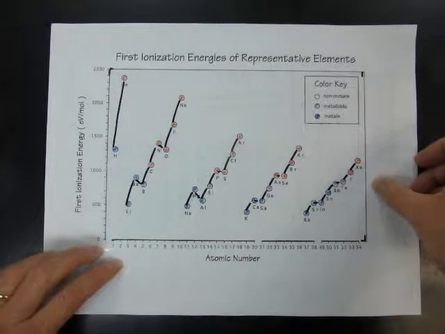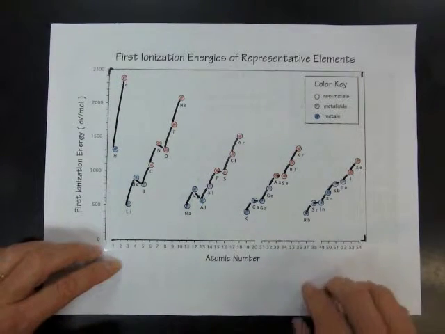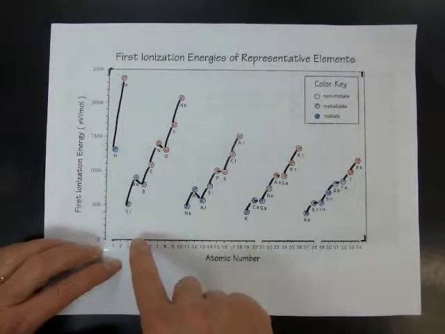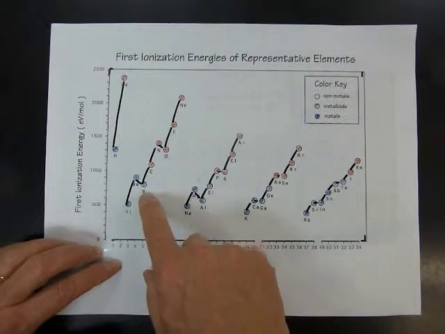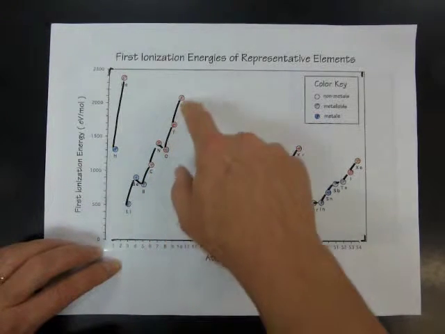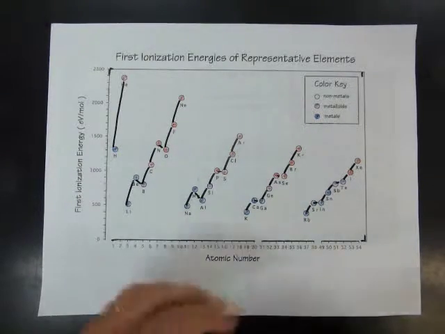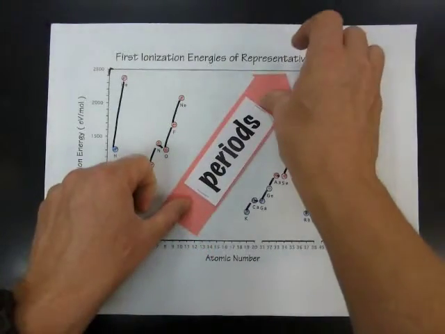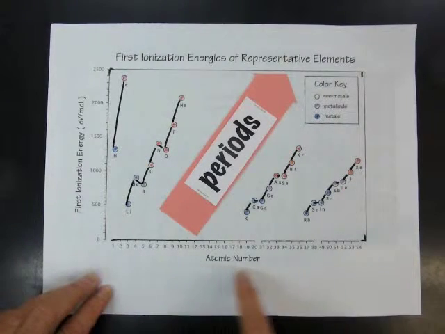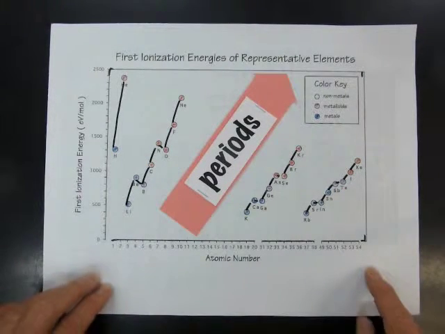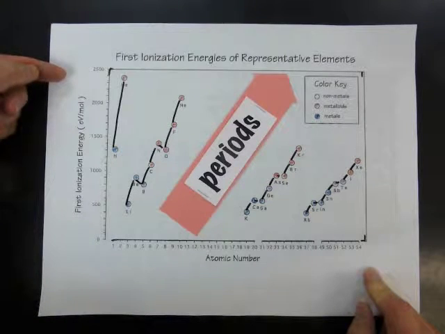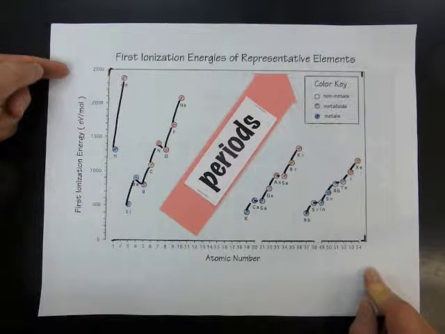Within the same period, for example period 2 with lithium, beryllium, boron, carbon, nitrogen, oxygen, fluorine, and neon going across the periodic table, the overall trend in periods is an increase. As the atomic number of elements increases in a period, the ionization energy increases too. That means that the outer electrons are more attracted to the nucleus of the atom.